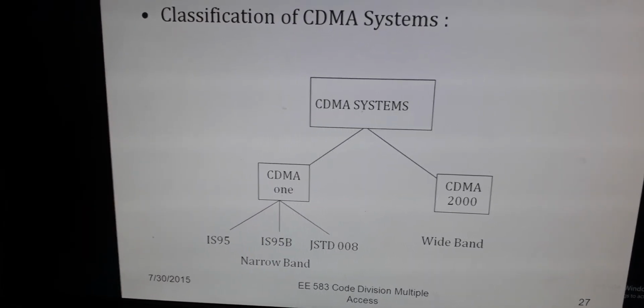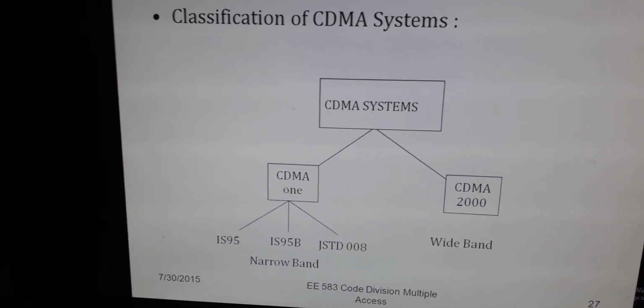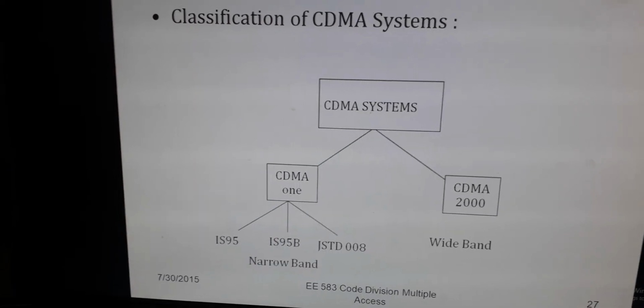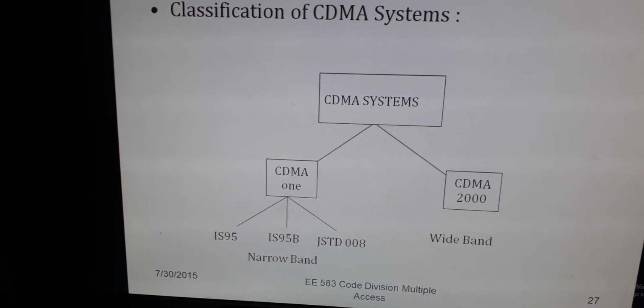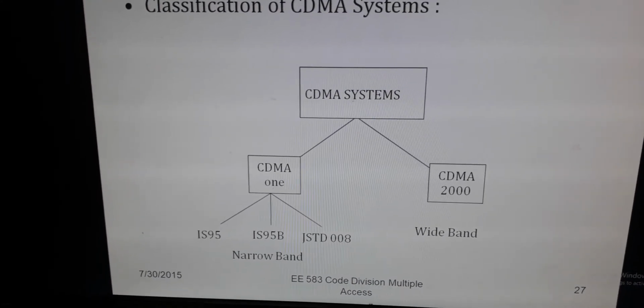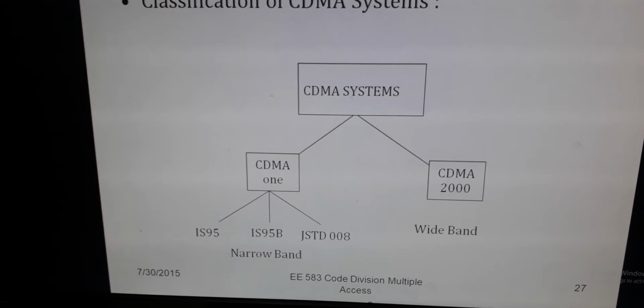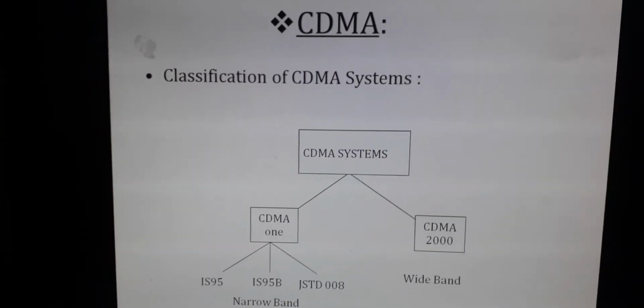The narrowband category is IS 95. IS means interim standard 1995. The next version is IS 95B, JSTD 008. These are all the old CDMA One system. After 2000, it has changed to wideband CDMA. Now we are also using wideband CDMA, WCDMA. It's called the CDMA 2000 band.